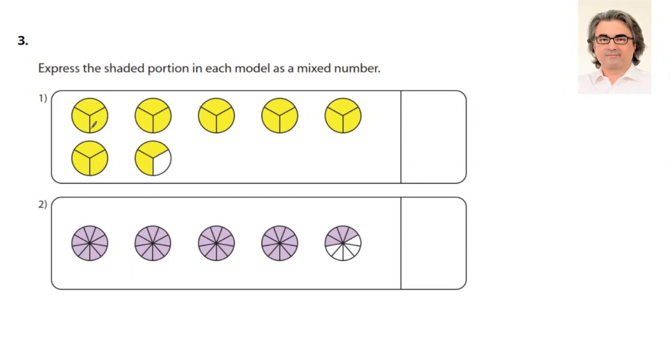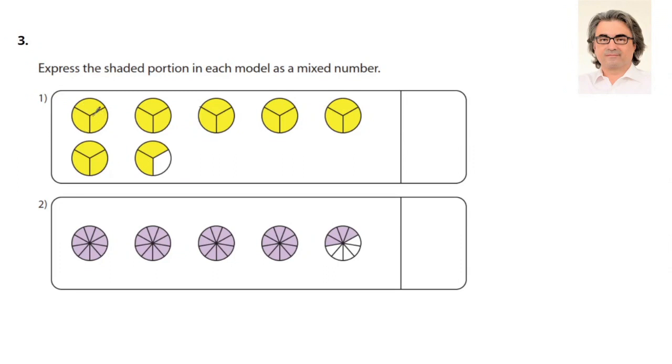My main shape here is this circle. Let's concentrate on the first circle. It's my whole. And a whole is represented by 1. So this whole is 1.